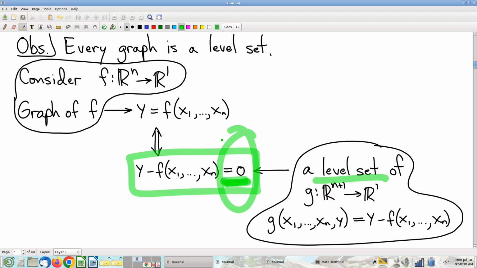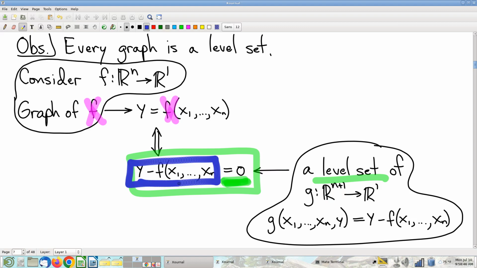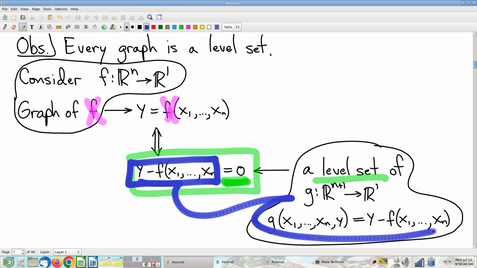Everybody with me? But we have to recognize, really importantly, this function right here, f, is not the function that we have set equal to a constant. That's just not what this equation says. This equation says this business is what I'm setting equal to a constant, not f. It's y minus f.